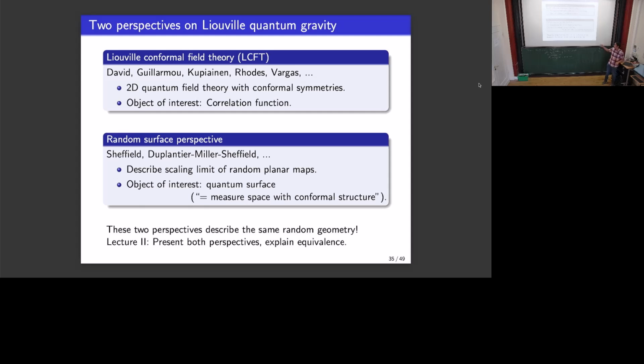The other perspective is more geometric. It's motivated by the perspective of LQG as being the scaling limit of random planar maps. In this setting, you get these random surfaces, and you have random curves on the surfaces, which arise from interfaces of statistical physics models. And it turns out that these two different perspectives describe the same random geometry, and that's the topic of today's lecture.